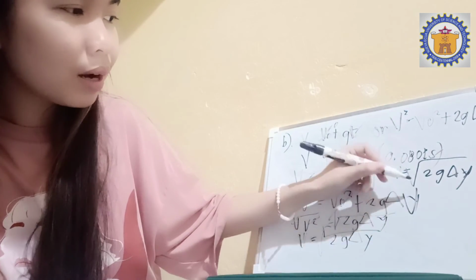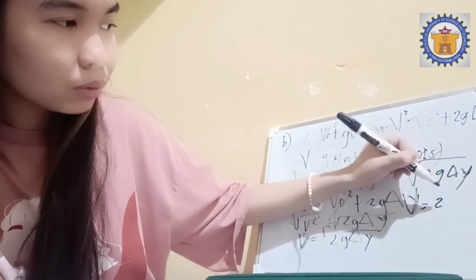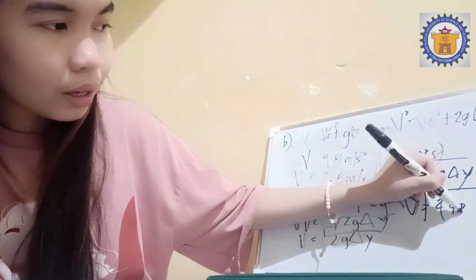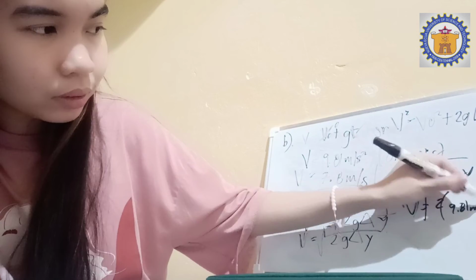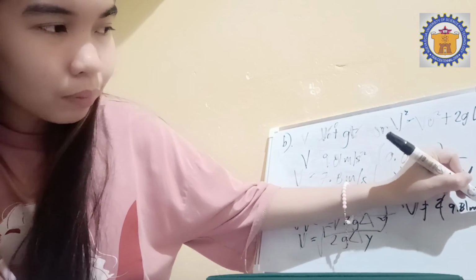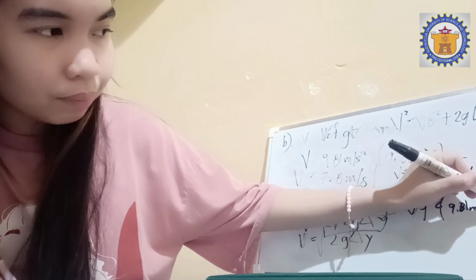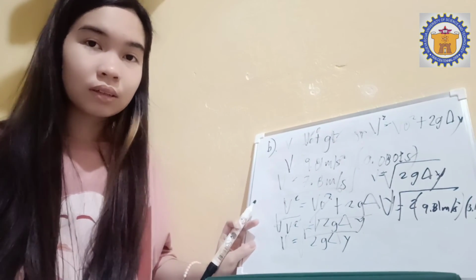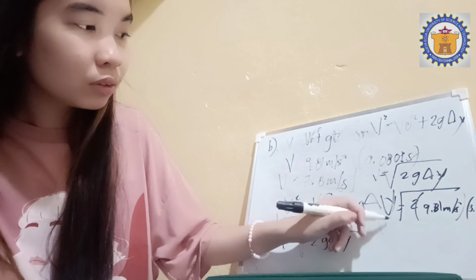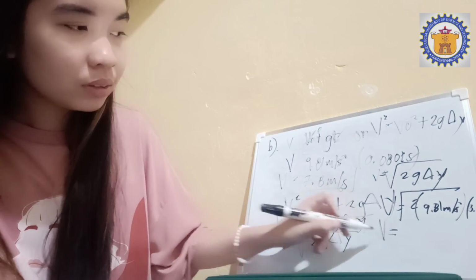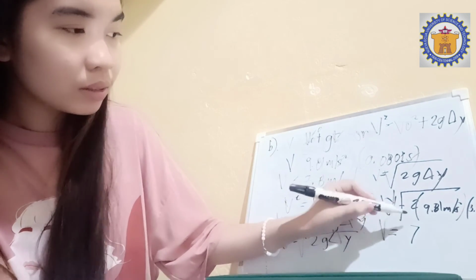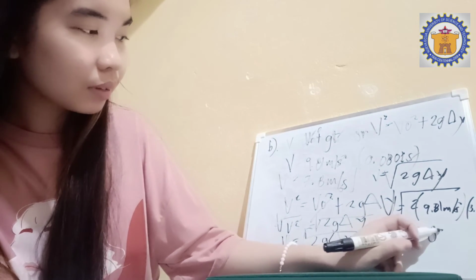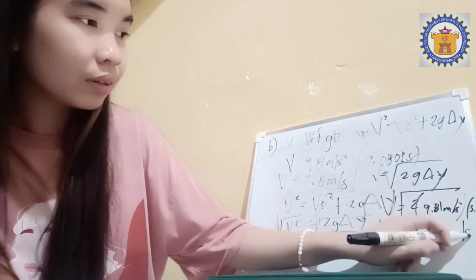Substitute natin yung value. v is equals to square root of 2 times g na 9.81 meter per second squared, times y na 3.15 meter. So, our v now is equals to 7.86 meter per second.